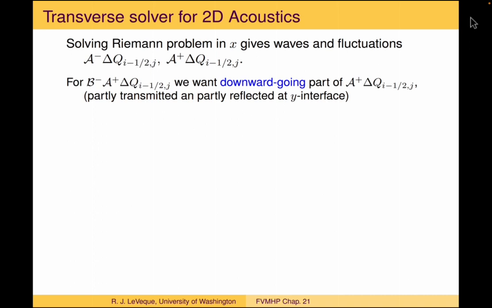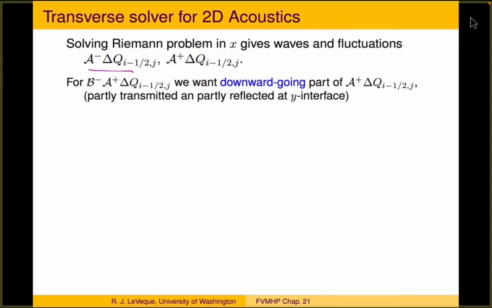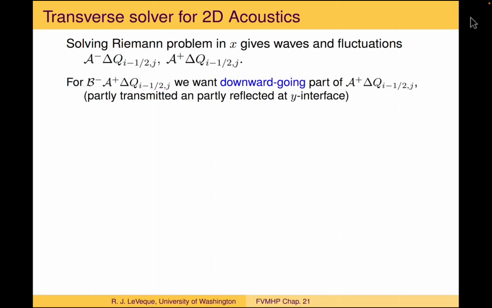So if we look at solving the Riemann problem first in the x direction, then we have these left-going and right-going fluctuations. And now if we want to, for example, look at the B minus A plus fluctuation, that's the downward going part of the rightward going fluctuation A plus, then we should look at what part of that is transmitted at the interface and what part of it is reflected.